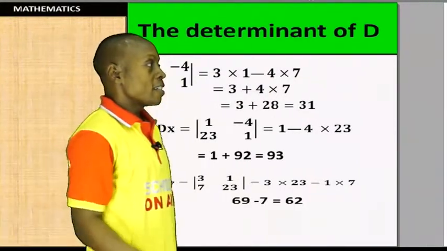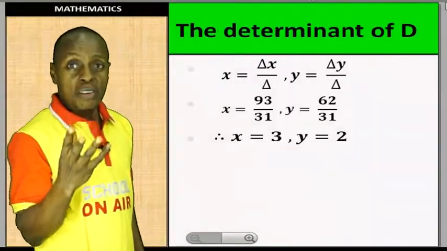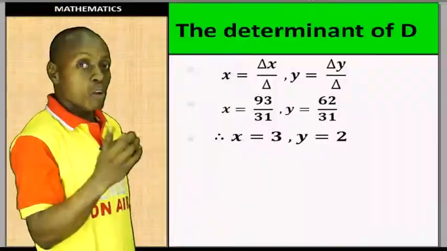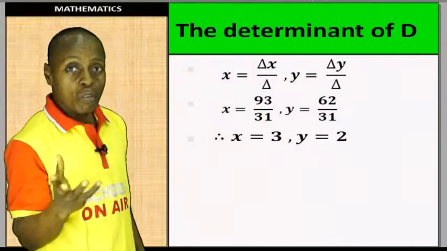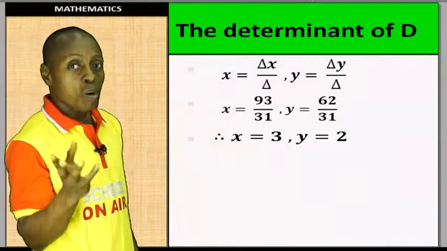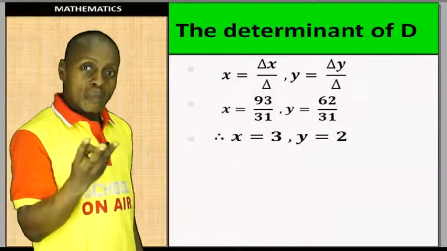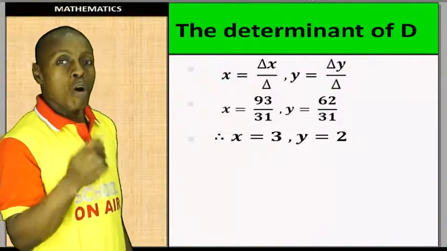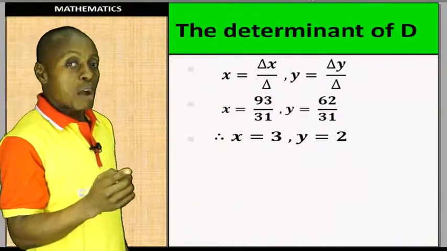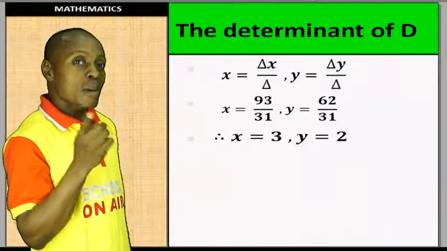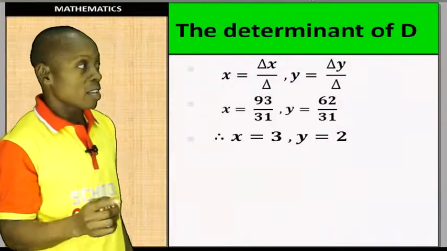So we move to the next stage. What we are actually looking for is the value of x and the value of y. How do we go about that? We have gotten the determinant of x and the determinant of y. To get the value of x, we divide the determinant of x by the general determinant.